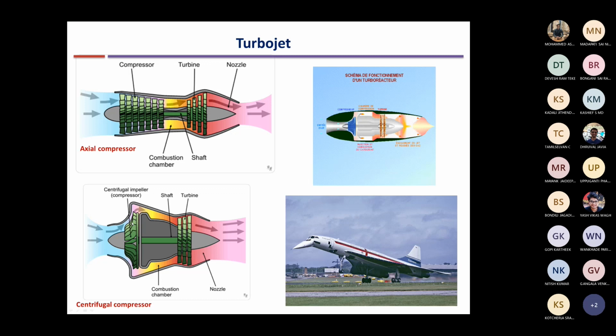Because you have to deviate the flow from the axial direction to the radial direction for the compression to occur. So the area of the impeller is always going to be larger than the intake area, not exactly equal to it. Then you have the diffuser also, which will increase the cross-sectional area further.